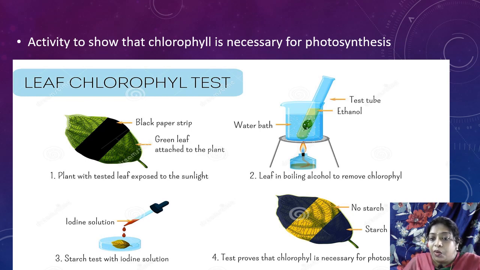Here, the part which you had covered with the black strip has no starch in it, only the color has changed. But the other part which was exposed will turn blue, and this is an indication that starch is present in the leaf, and this test proves that chlorophyll is necessary for the process of photosynthesis.